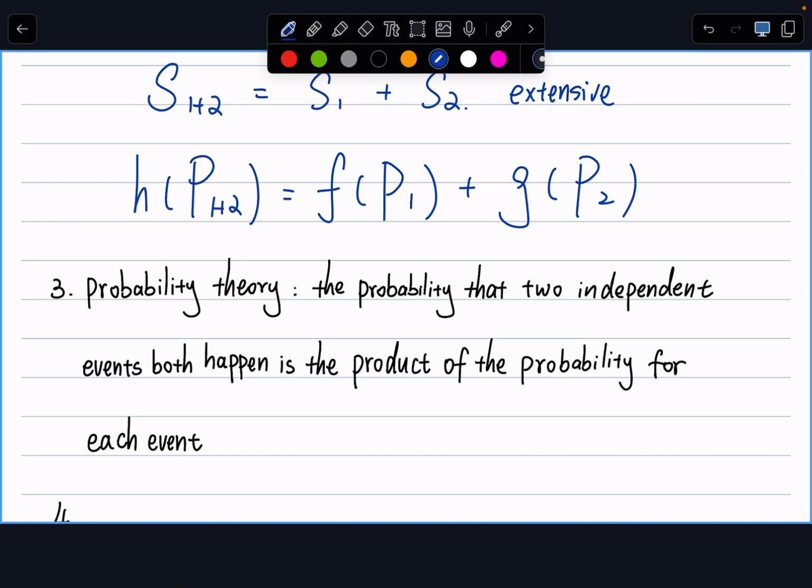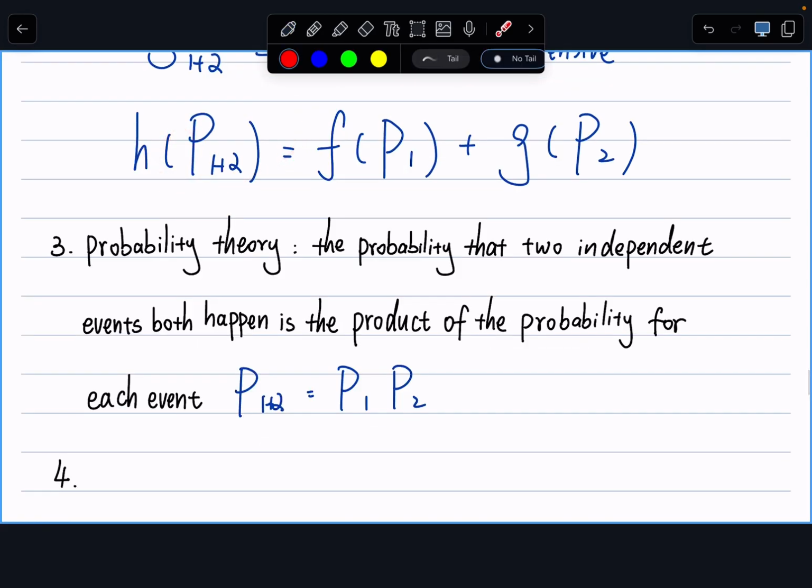Or the other way to put it is we have the probability of 1 plus 2, so event 1 and event 2 happening at the same time, equals P1 times P2. With me so far? And what exactly do we have now?